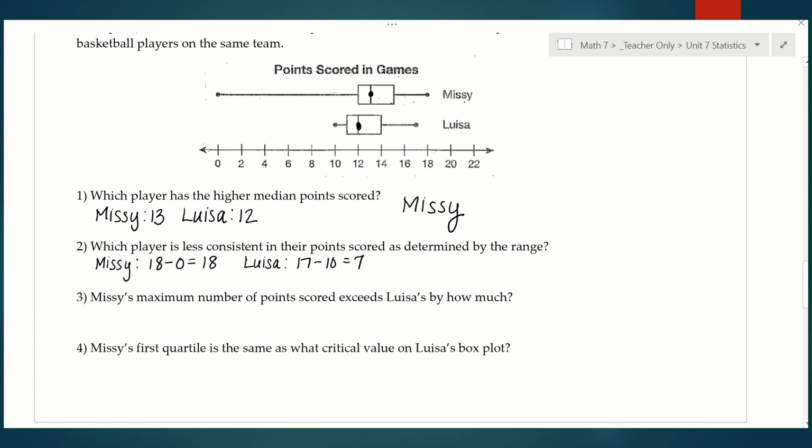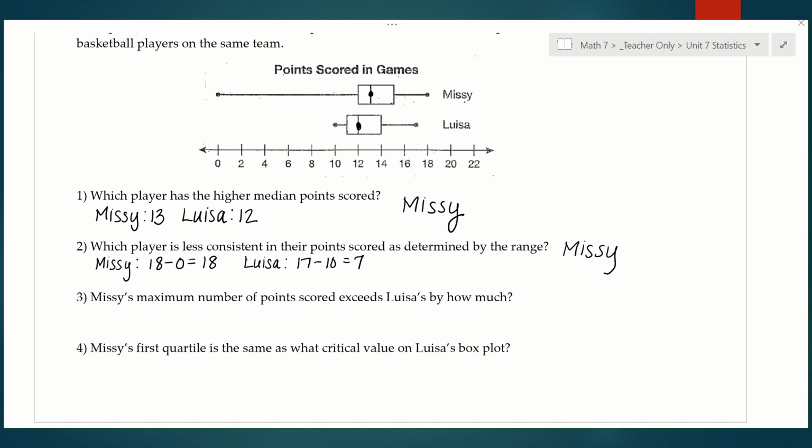Okay, so she scored in one game 18 points, and another game 0 points, and everything in between. Where Louisa, her range is smaller, meaning that she is more consistent in the points that she scores in the game. Okay, so who is less consistent? We're going to say Missy. And again, that's because her range is bigger.